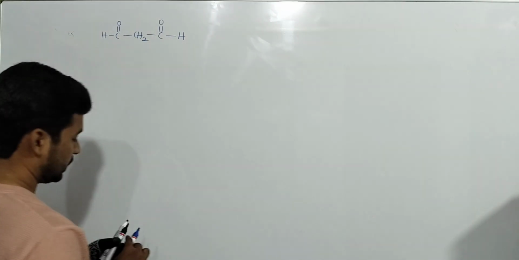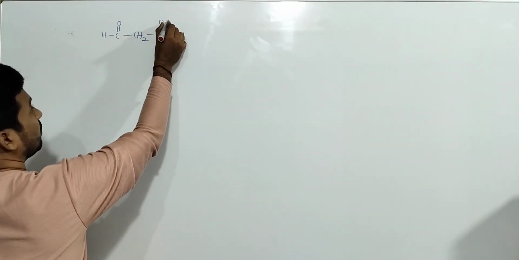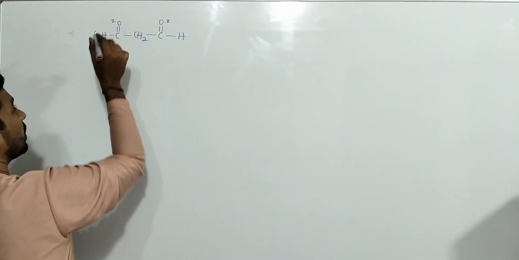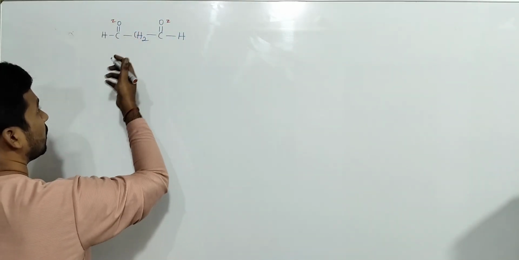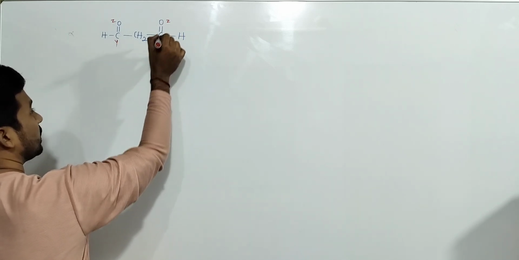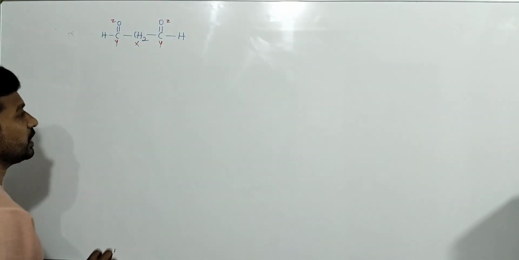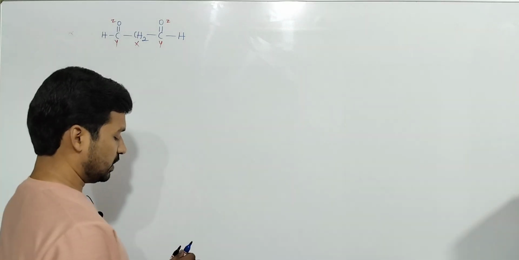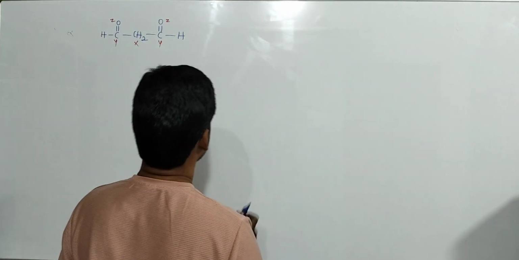So for this keto-enol, Z atom is carbon, oxygen, nitrogen or sulfur, oxygen. Y atom, between Y and Z double bond. This is X atom containing hydrogen. Tautomerism is clearly possible.